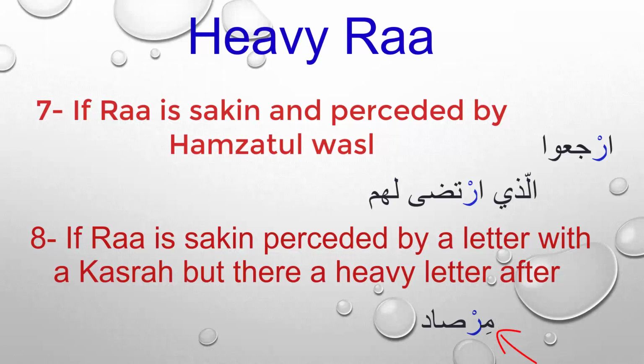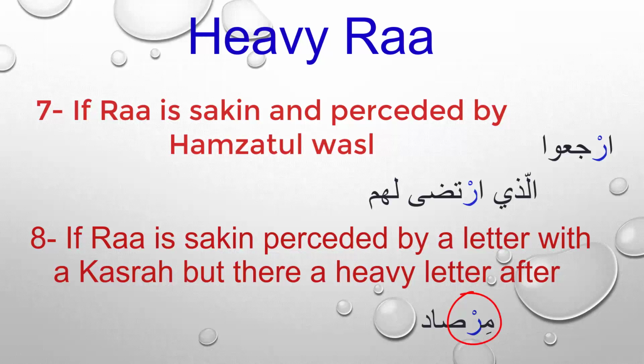But there is something stronger than the light kasra, which is the heavy letter after, letter Sad. So now Ra is confused. Should I be light, just to follow kasra before, or be heavy like the heavy letter? What do you think is gonna win? The light sign, kasra, or the strong and heavy letter after? I hear you saying the heavy letter after. So in this case, Ra is gonna be heavy just as the following letter.